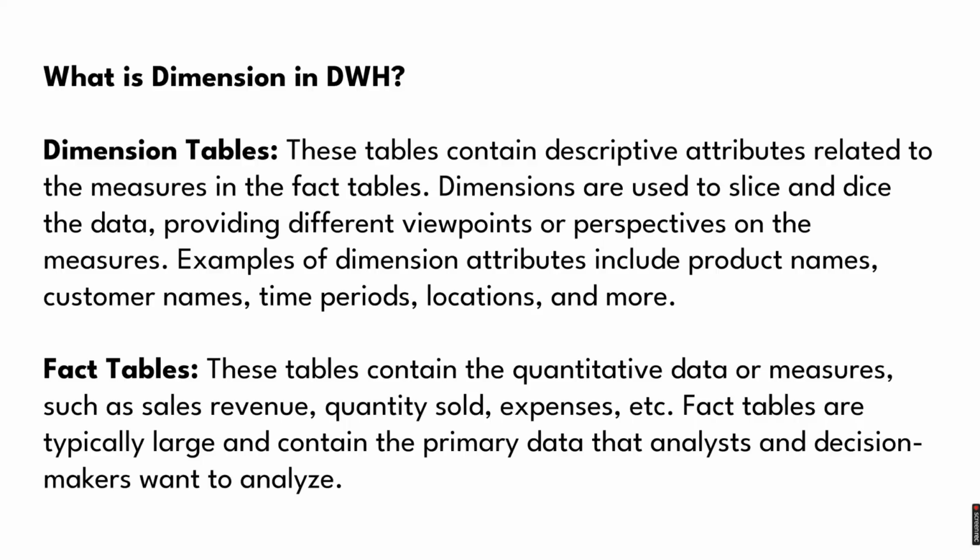What is a fact table? Fact tables contain measurable values. For example, how much sales happened on a particular date, location-wise sales, region-wise sales, city-wise sales, and even store-wise sales. This kind of data we get through fact tables.